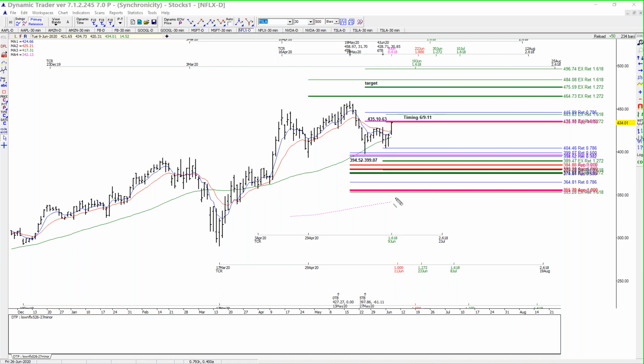Over here, the 5 and 13 was not on the right side. We were above the 200 and for most of the part above the 50, but the 5 and 13 were not on our side.